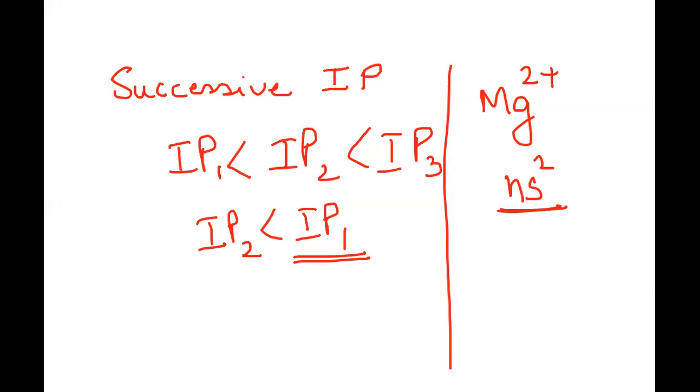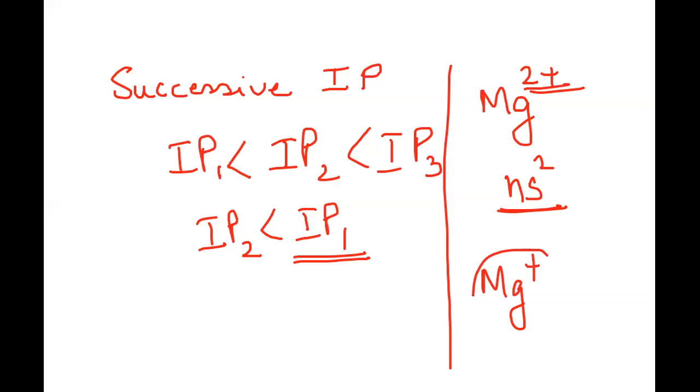My understanding is about the amount of energy required to pull out the first electron from ns2. Why doesn't magnesium show a valency of Mg+? Why is it only Mg2+?